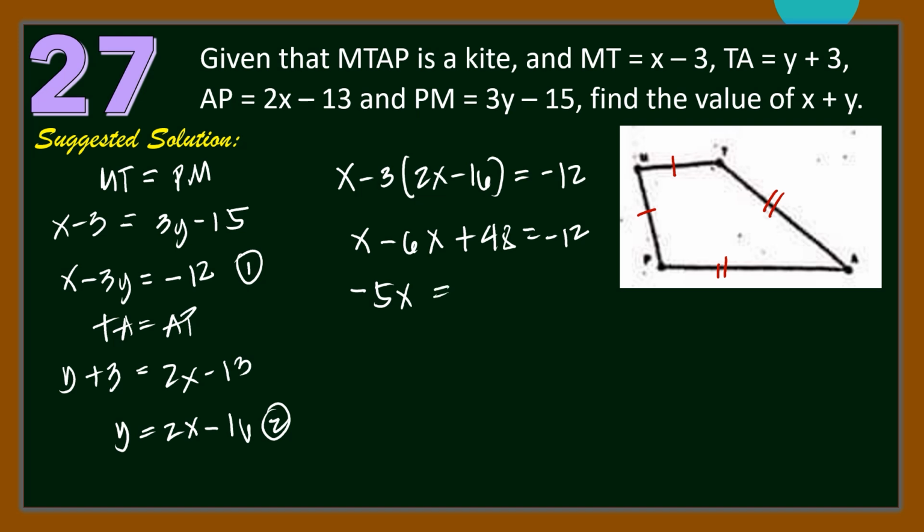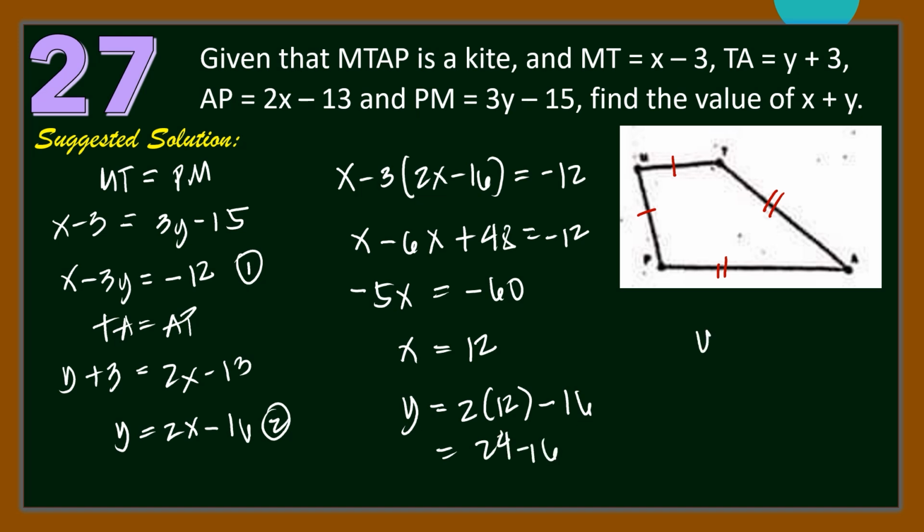Then we have negative 12 minus 48, that is negative 60. Dividing both sides by negative 5, we get x is equal to 12. Substituting x equals 12 to equation 2, then we have y is equal to 2 times 12 minus 16. Then that is 24 minus 16, then y is equal to 8. Therefore, x plus y is equal to 12 plus 8, that is 20.